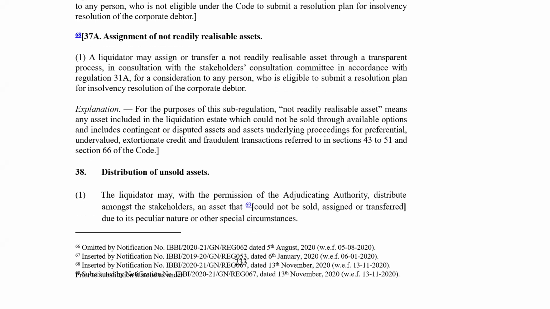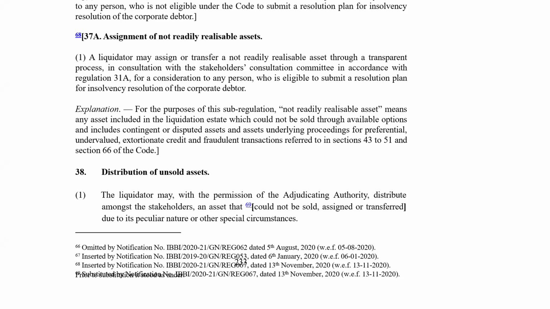A liquidator may assign or transfer a not readily realizable asset through a transparent process. Normally, what is the practical situation in such cases? These are assigned to asset management companies. ARCs take these at a much lower value. Suppose they are worth 100 crores, they will say we will give 10 crores, 5 crores for the not readily realizable assets, and the rest we will see in our own way.